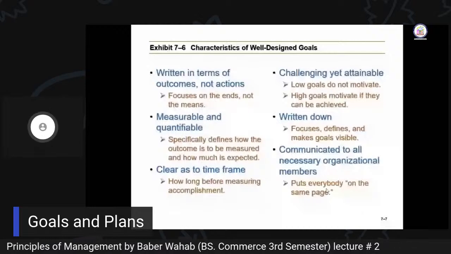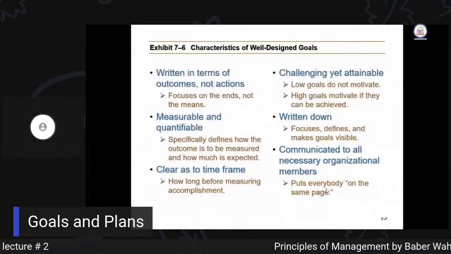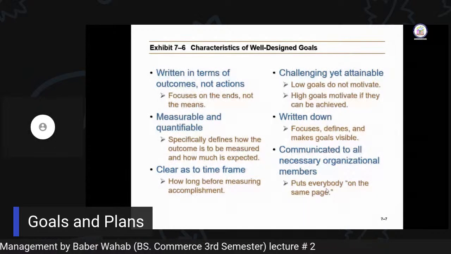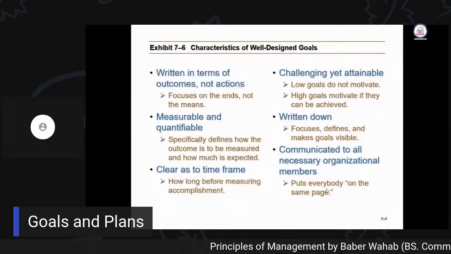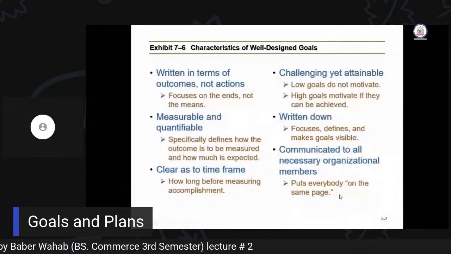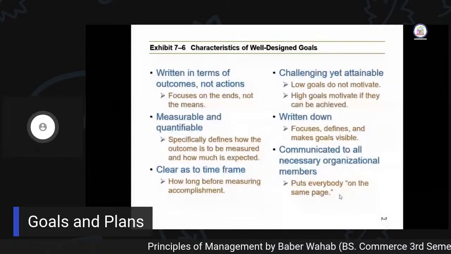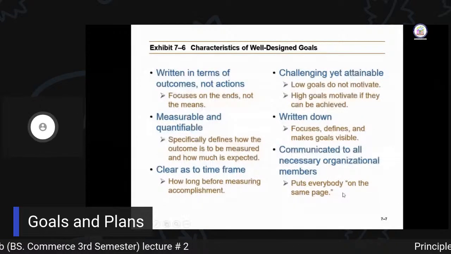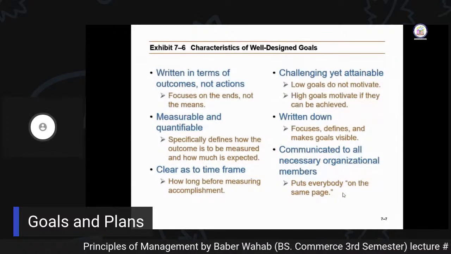Not every detail of the company's operations is of use to every single person in the company, but those who do need that information, who will take decisions based on that information, should be communicated the goals in a proper manner. And the phrase on the same page, like let's say you're in school and the teacher tells you, please turn to page number 47, then everybody turns to that page, so they're all reading the same text. That's just an analogical way of saying that by communicating your goals, everybody knows what needs to be done, and at a later stage, obviously, how it needs to be done.